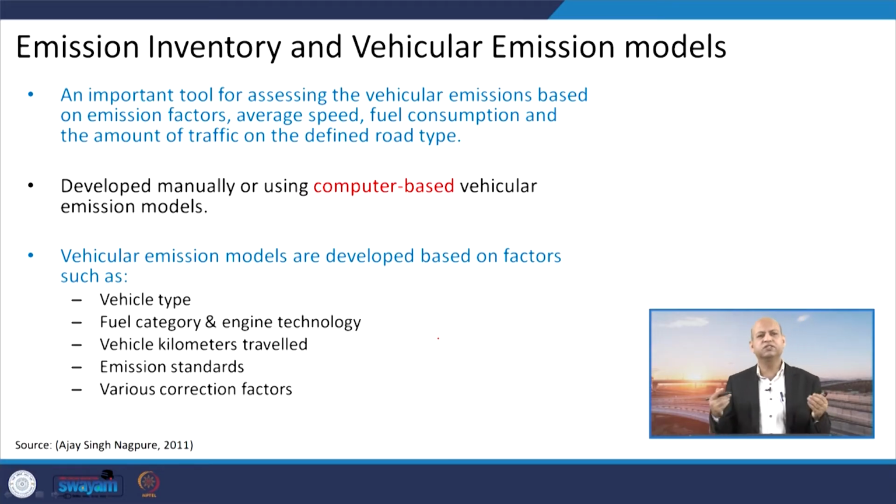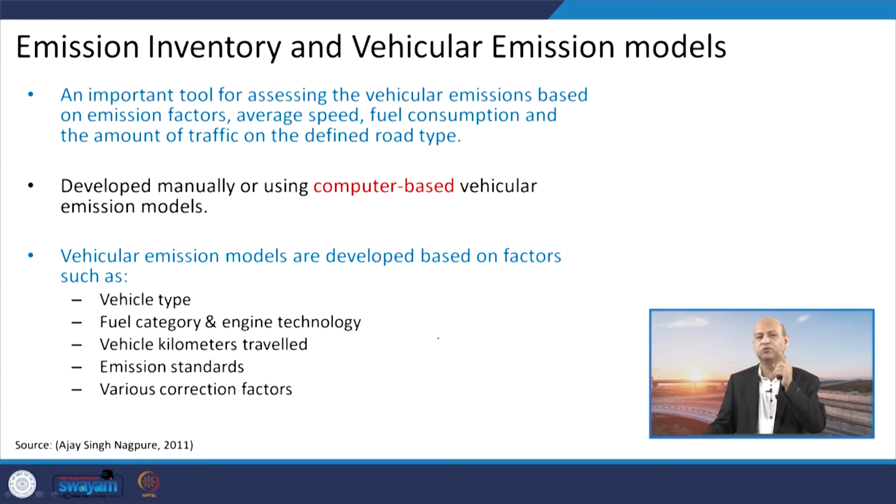So, what is the significance of emission inventory and how do vehicular emission models help us develop the emission inventory? When we want to use any dispersion model, let us say to assess the air quality in an area, what we need as input parameters is these emissions. Emissions are important input parameters.